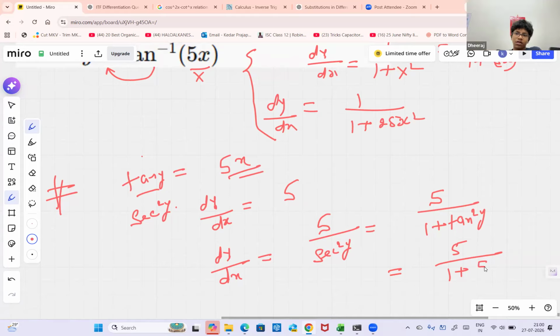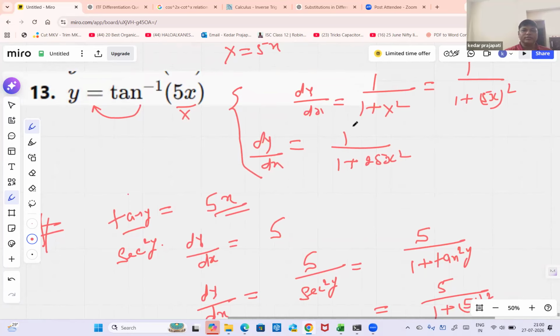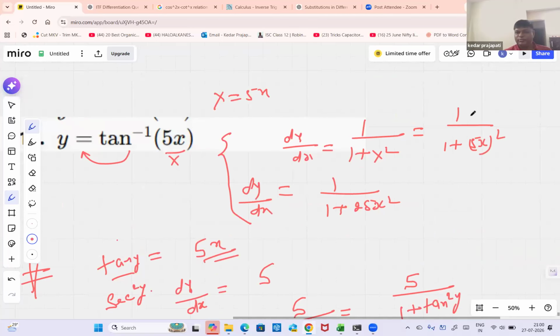Okay, how come this answer is here? It should be d by dx of this also. So it should be d by dx of 5x, only 5.